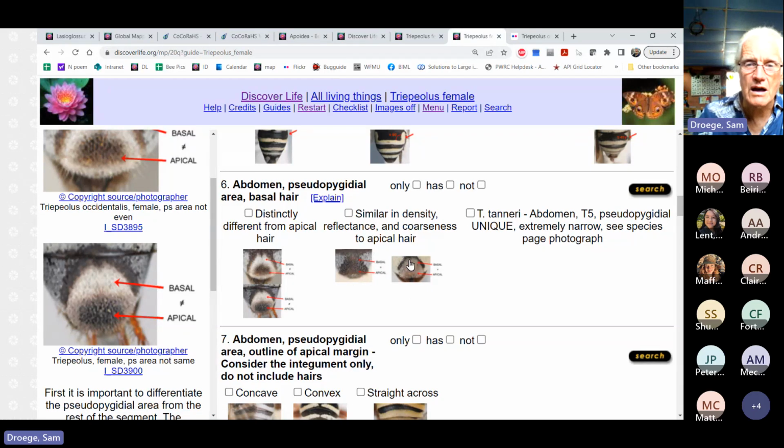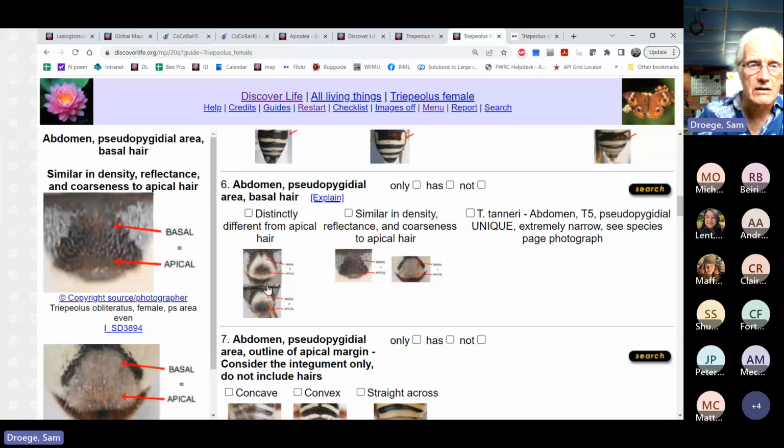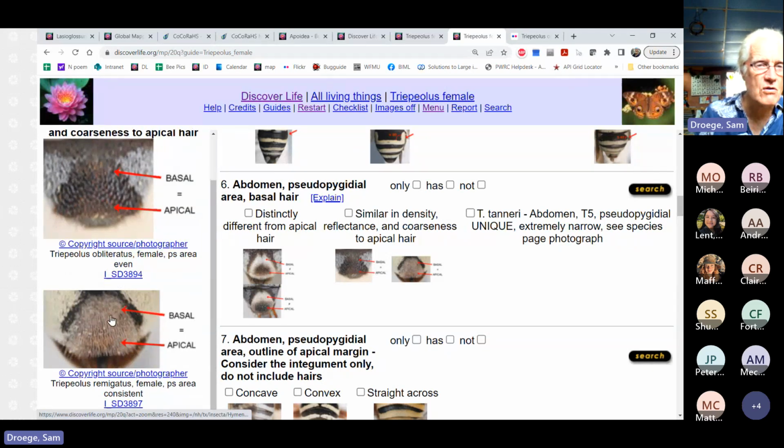to these, we have that there is a uniformity in, so she talks about density, reflectance, and coarseness in the hair. So you don't have two different types of hair, but there's so many little nuance things going on in the sizes, shapes, and patterns of hairs.